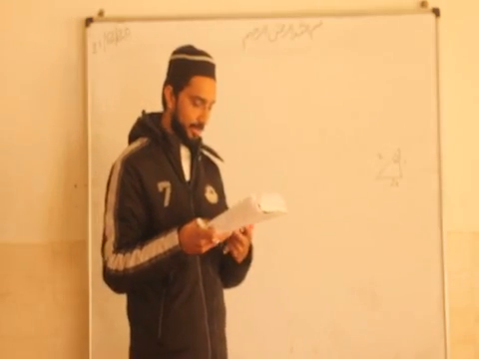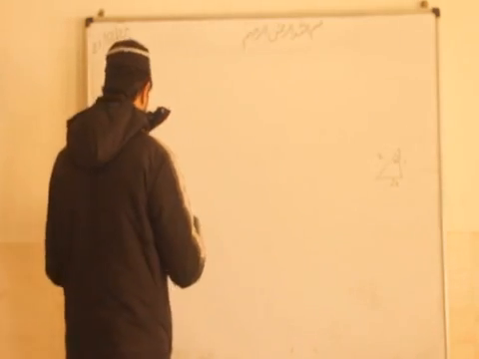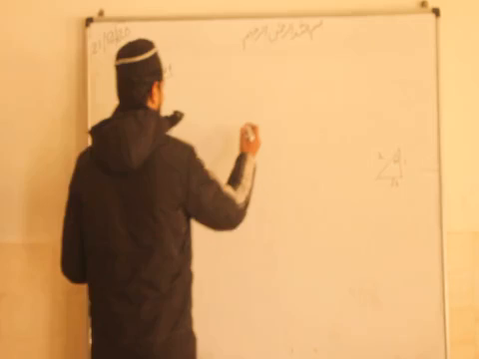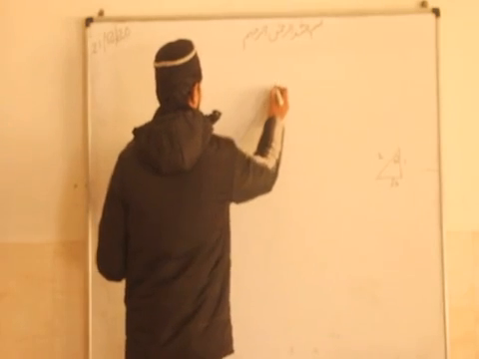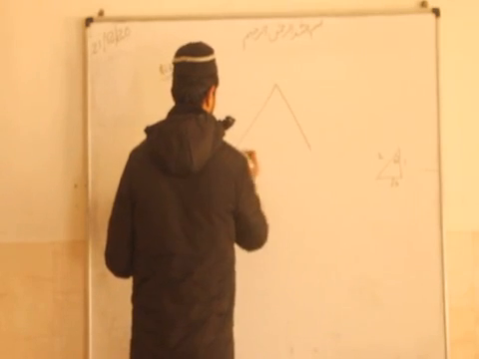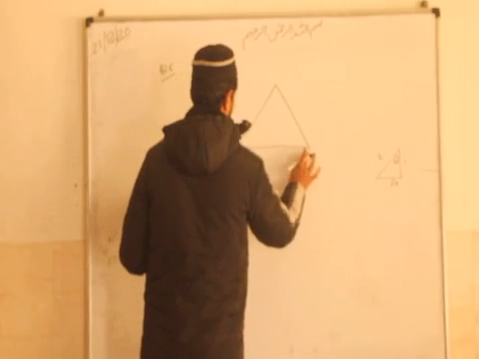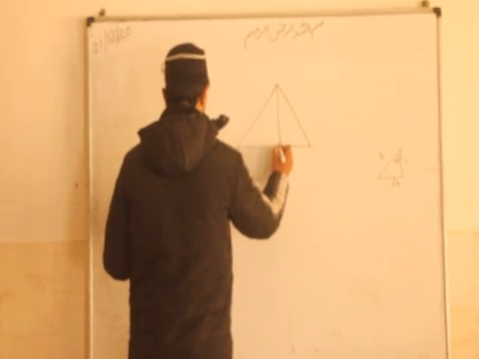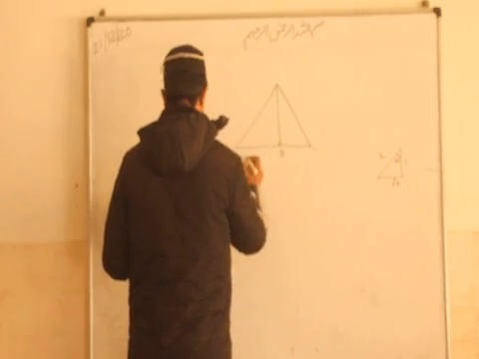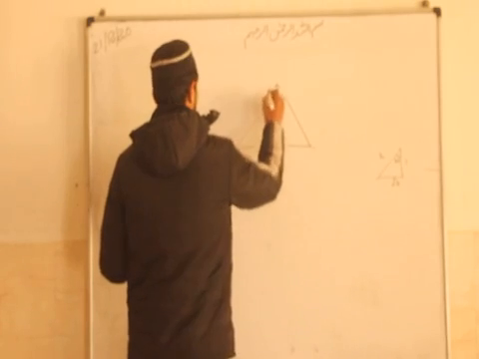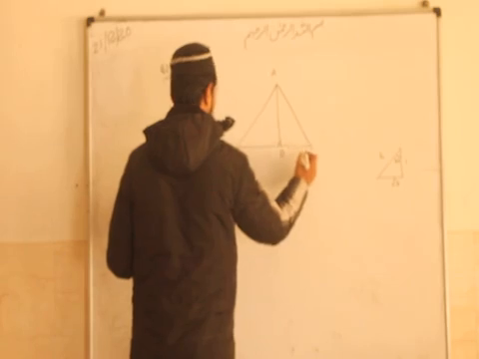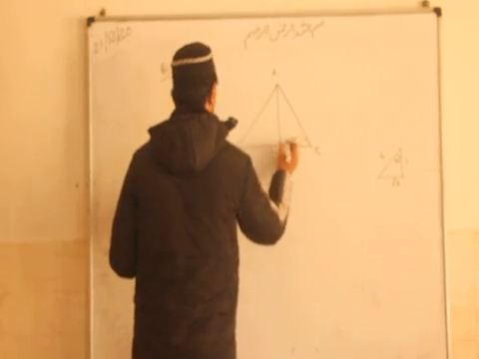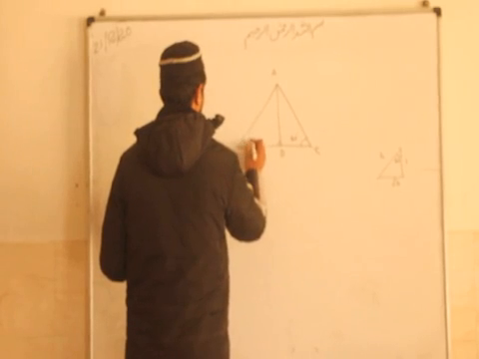In the adjoining figure, ABC is a triangle. So first draw the figure. This is 60 degree angle and this is 45 degree.